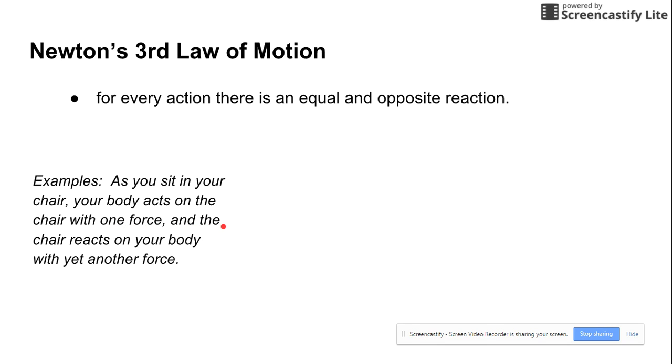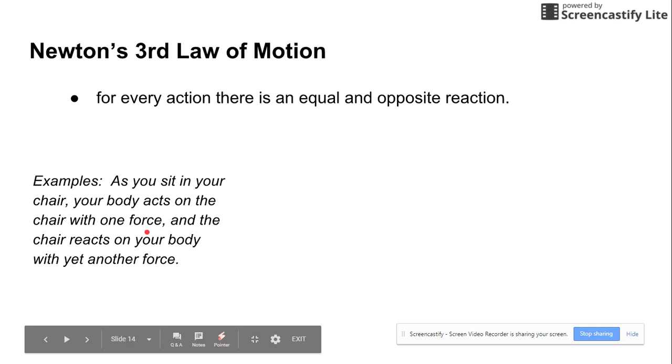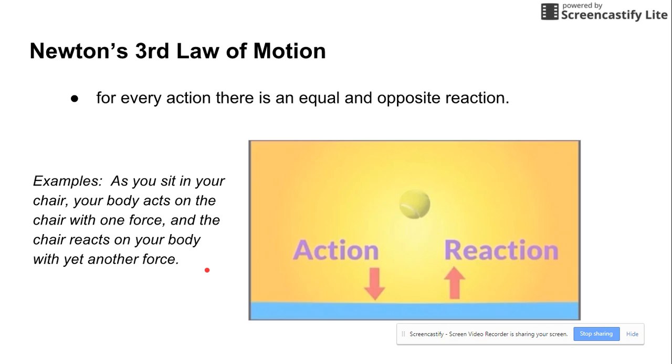And the chair, it's specifically built to hold that weight, so it's specifically built to push up on your body and hold it there. So that's the second force. So there's 2 forces acting. One, your force pushing down on the chair, the other one, the chair pushing up on you, essentially to suspend you in the air and make you be able to sit in that chair.